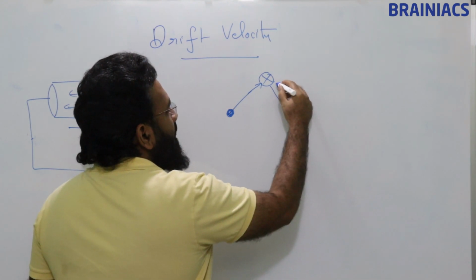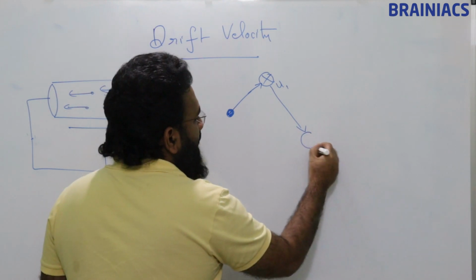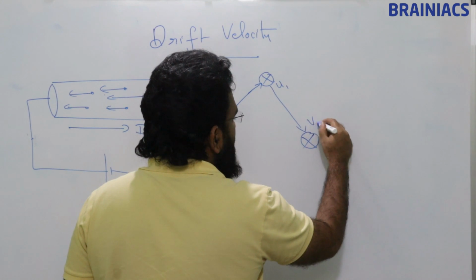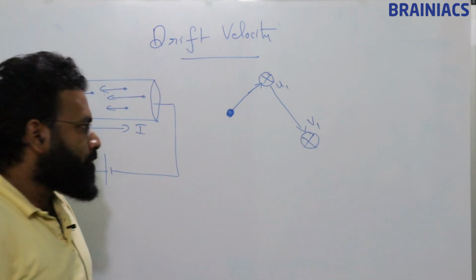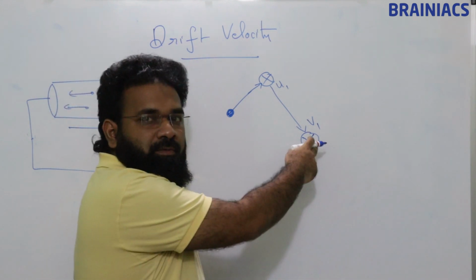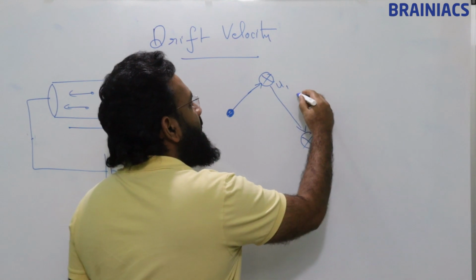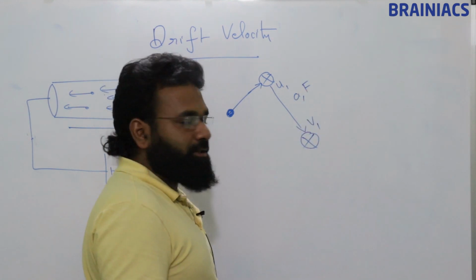Here its velocity is u1, and again it is going to have another collision. Before collision it is going to have the velocity v1. After collision again this v1 velocity will come down. So u1, v1. Here there will be force, so there will be acceleration.